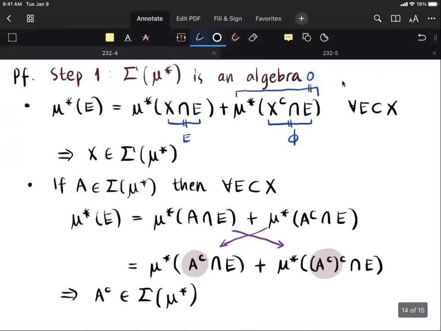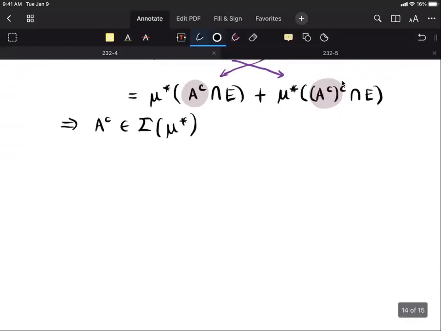So for this step, it now remains to show that sigma of mu star is closed under finite unions.